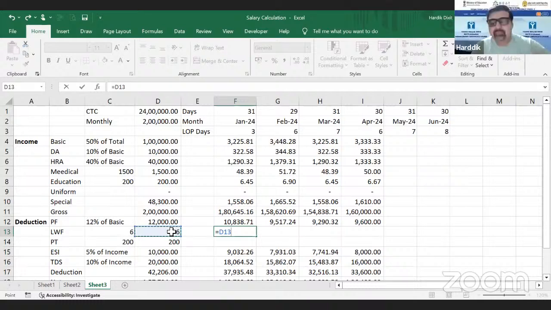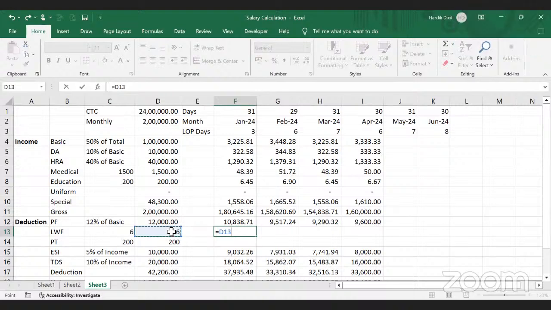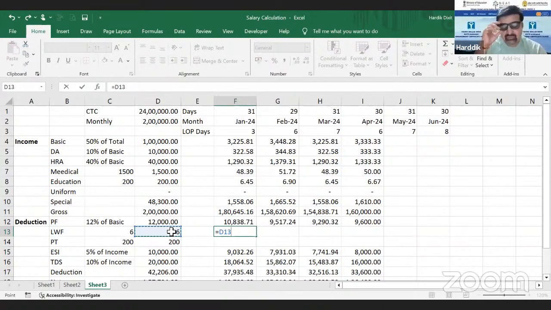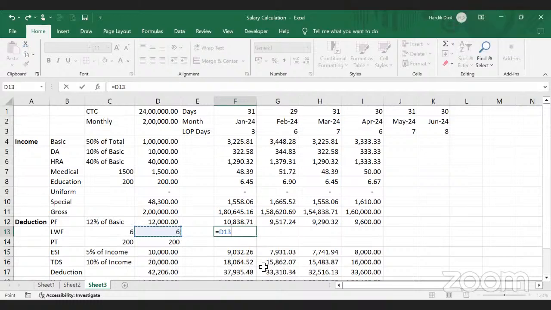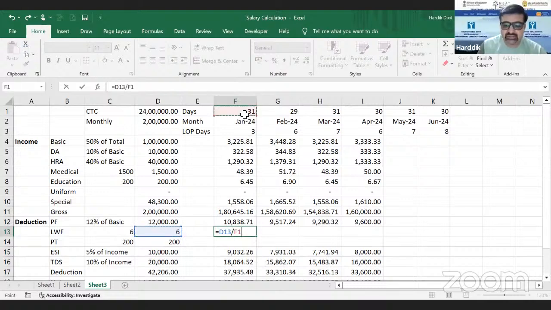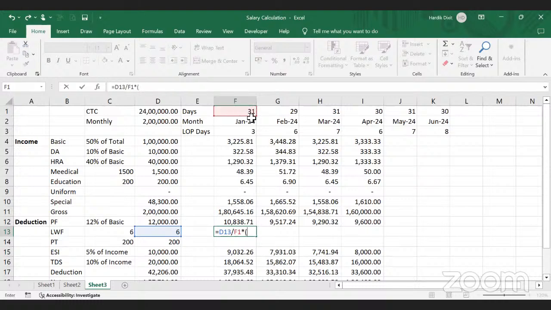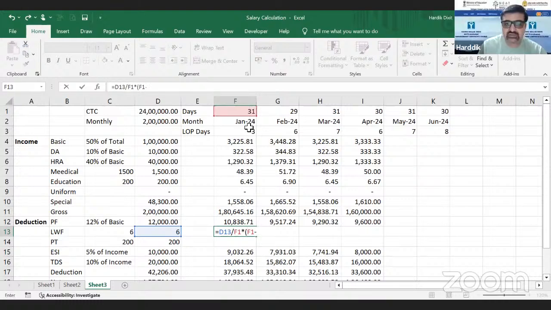Therefore, we have to do it on basic first, because all other components are based on the basic value. If you say 2 lakh rupees divided by 31 multiplied by 28, the value will be 180 only, but your deduction will be different. So this divided by this, multiplied by this, minus this.